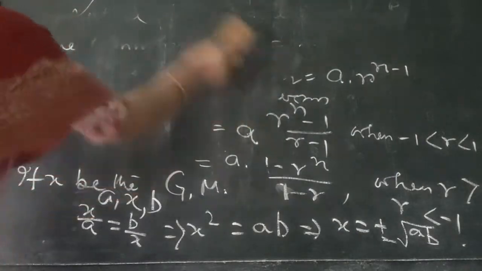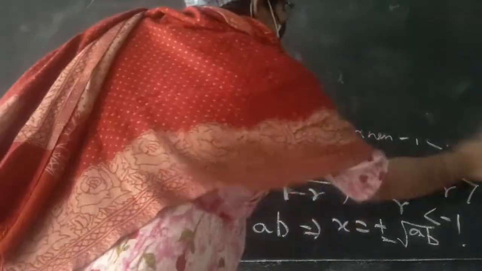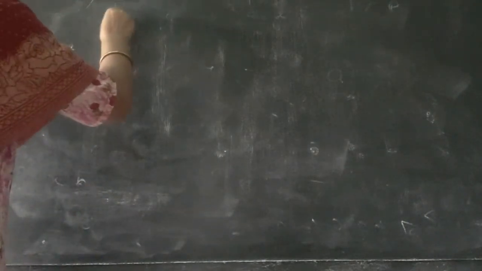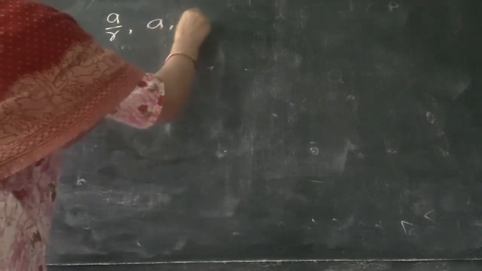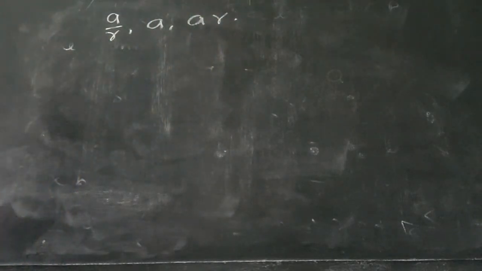Like AP, if three terms are in GP, then I will take the three terms in this way: A by R, A and AR. Okay?